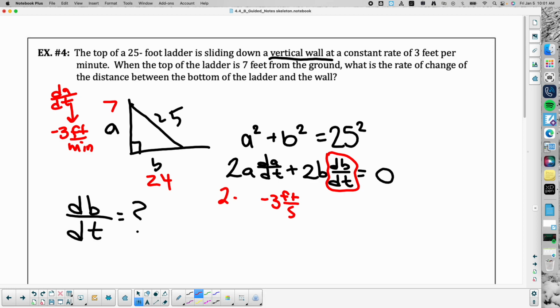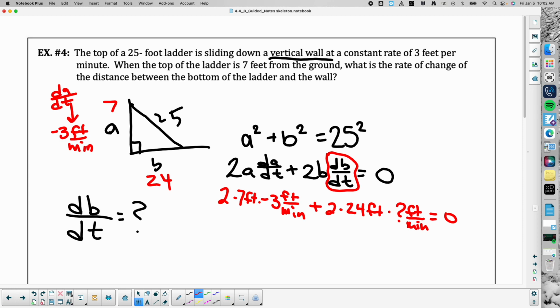Okay, so 2 times 7 feet times negative 3 feet per minute, plus... okay, so I guess I would have to add, I was going to say subtract, but that one's negative.